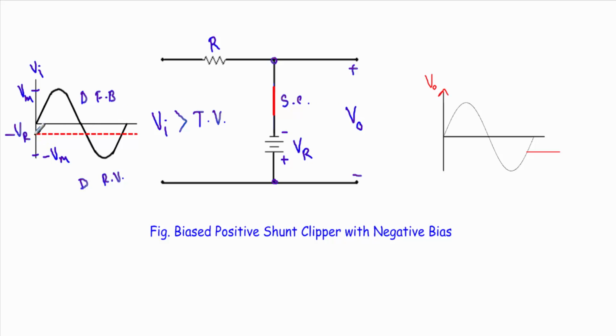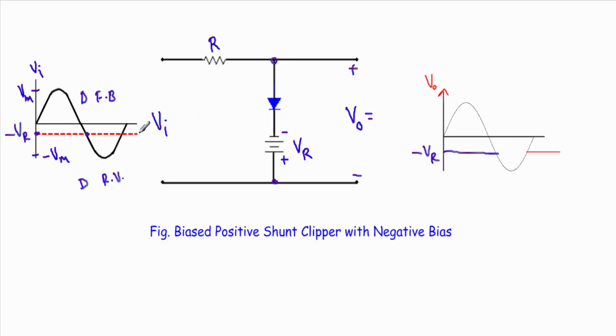That means that as long as the input voltage is greater than the transition voltage, from this point to this point, our output voltage will be equal to minus VR, which I can show like this, and this level will be equal to minus VR.